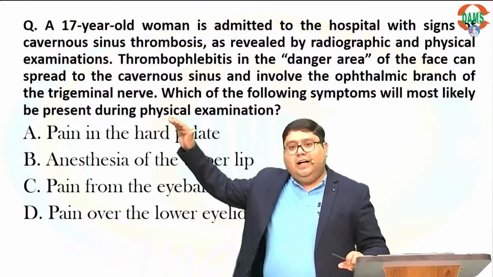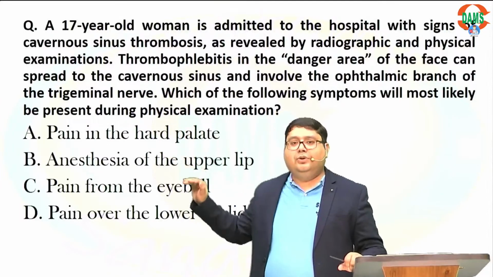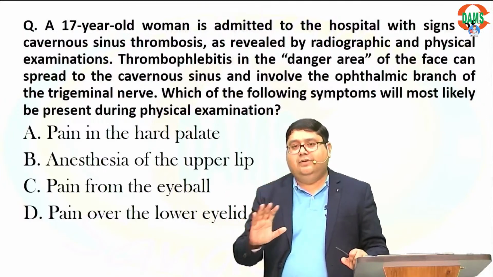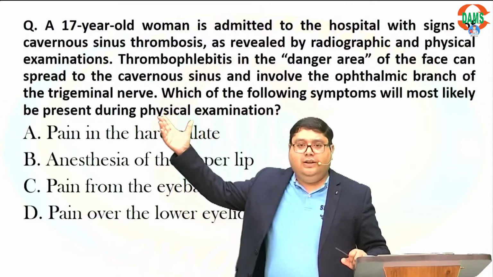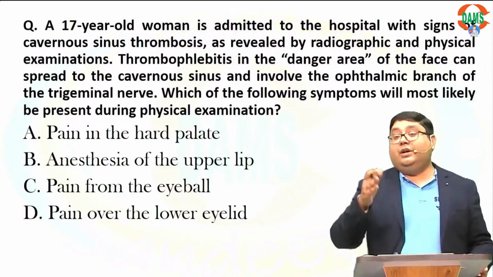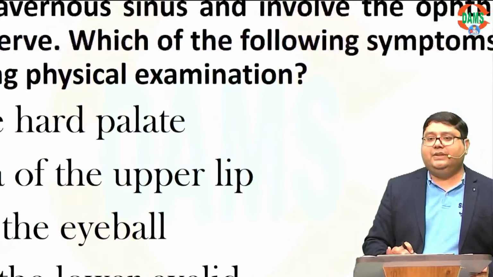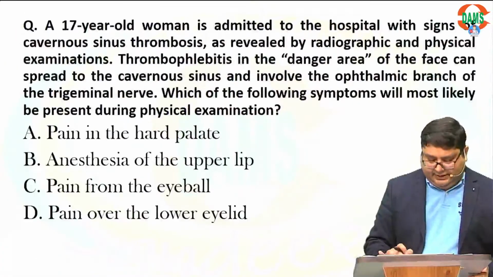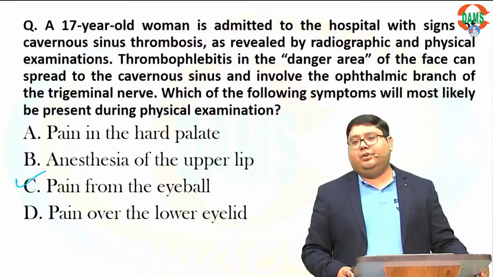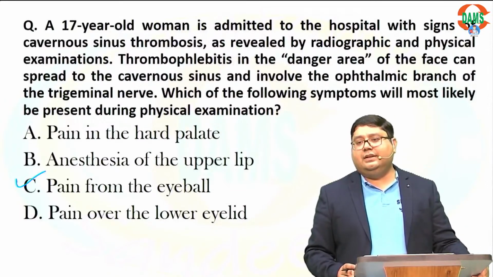So pain in the hard palate, upper lip or the lower eyelid, A, B and D, they are the territory of the maxillary nerve. They cannot be involved because that is not involved. According to the given question, the only answer that is justifiable will be C, pain from the eyeball. Making sense?